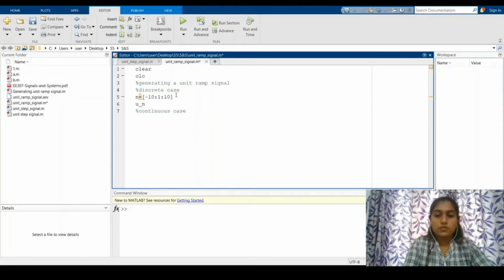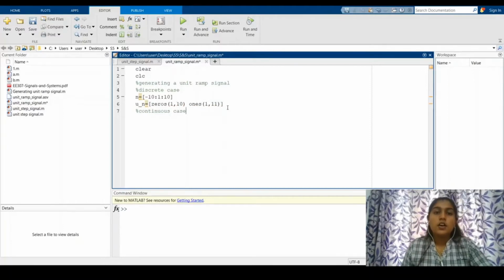So for u of n, when n ranges from minus 10 to 10, we'll be having 10 zeros and 11 ones. So we can just give 10 zeros and 11 ones.